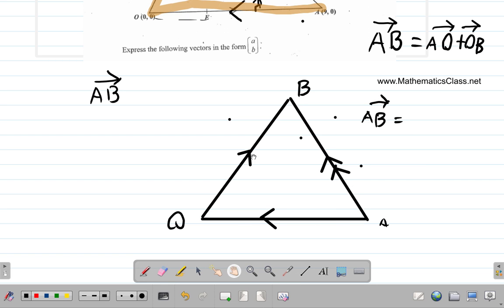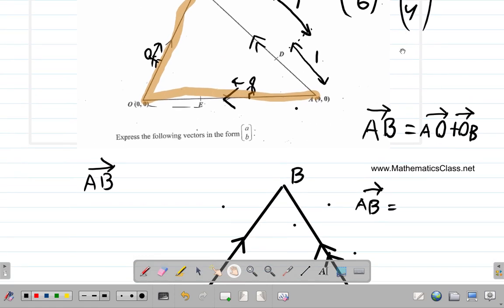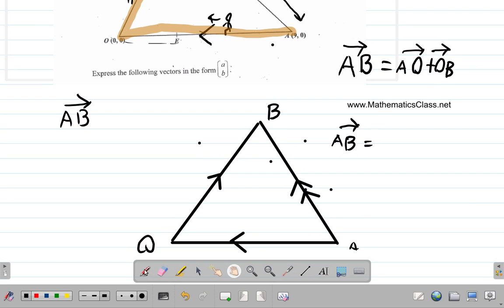Remember, you had OA as (9, 0). So AO is the inverse vector. It must be (-9, 0). I was tempted to write -0, but whether it's negative or positive doesn't make a difference, so I write 0, plus OB. What is OB?